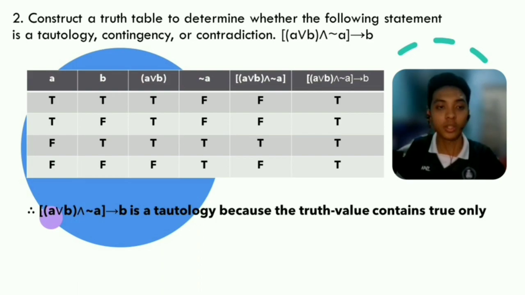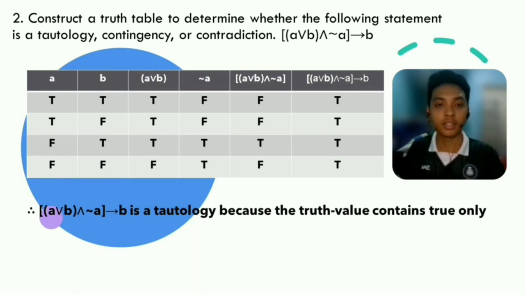In the first column, we will put true, true, false, false, and in the second column, we'll put true, false, true, false. In the third column, it will be true, true, true, and false. It is because if either of the two columns has a true value, then the output is true. As you can see, here is false, so the output will be false.